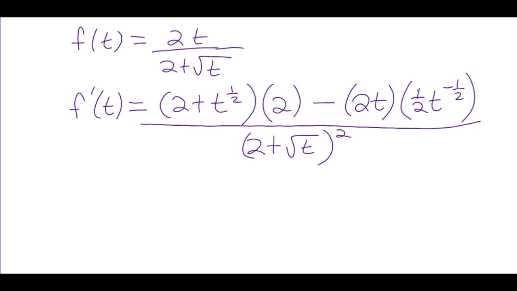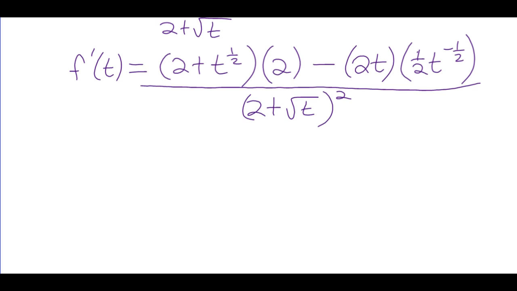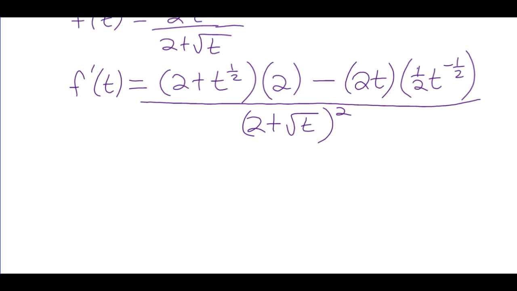I'm just going to leave it as 2 plus root t, because eventually we're going to turn whatever expression we get up top back into a radical from an exponential, okay? So when we're done these, we generally want to see things in radical form. And seeing as we're not expanding this, then we can just leave it in radical form.